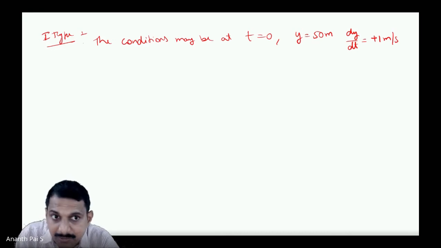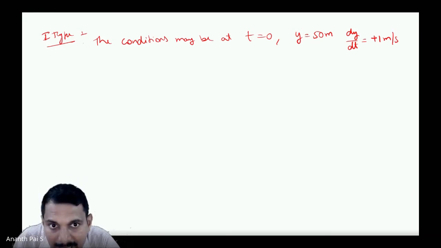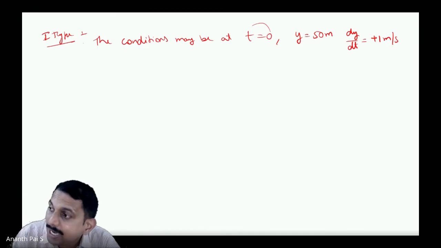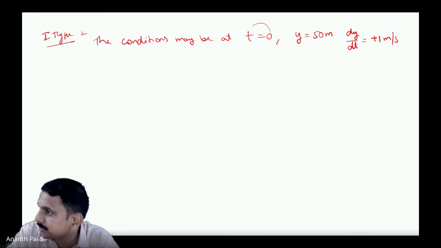Now this way when I put at t equal to 0, this means I am giving the initial conditions.